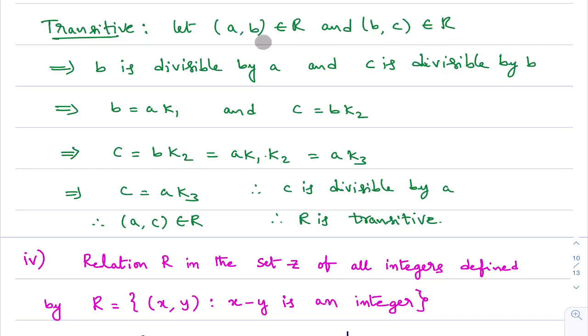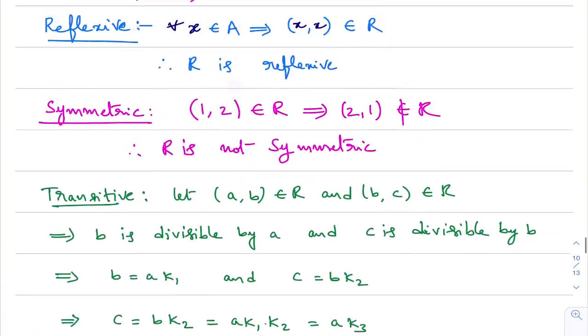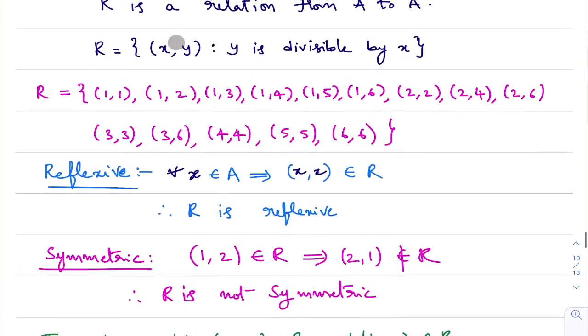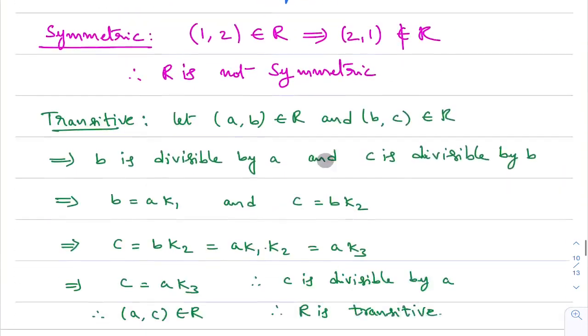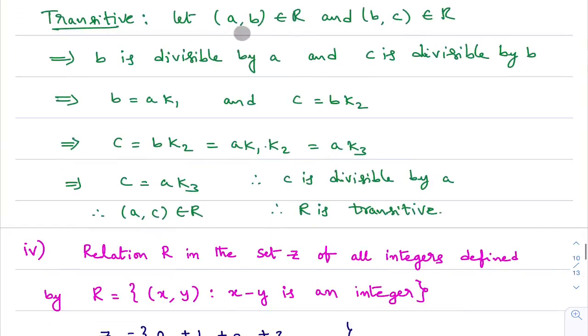The relation is defined as the ordered pair (x,y) such that y is divisible by x. The ordered pair (a,b) belongs to R means b is divisible by a. The ordered pair (b,c) belongs to R means c is divisible by b.